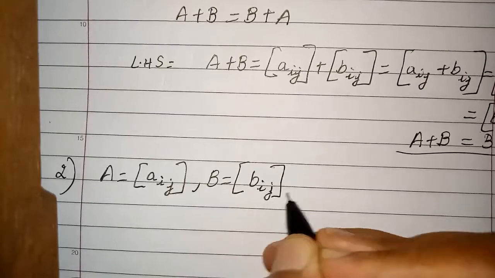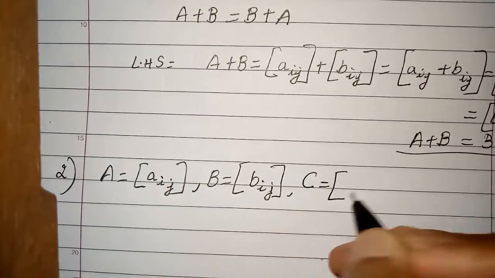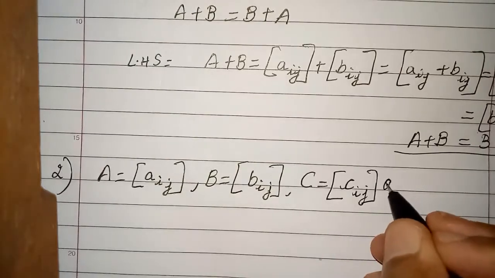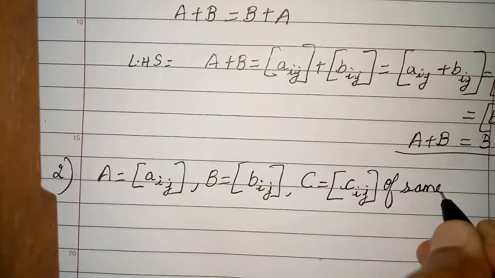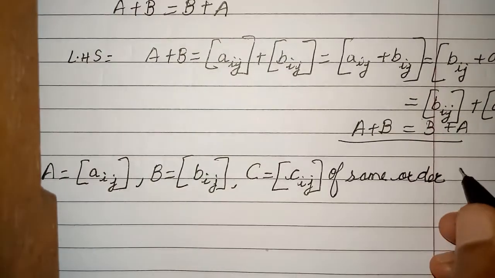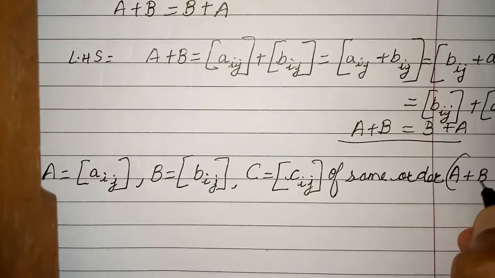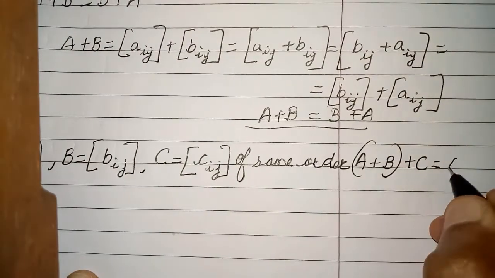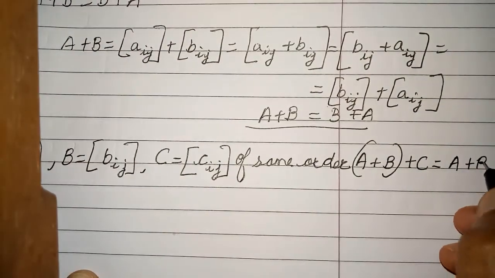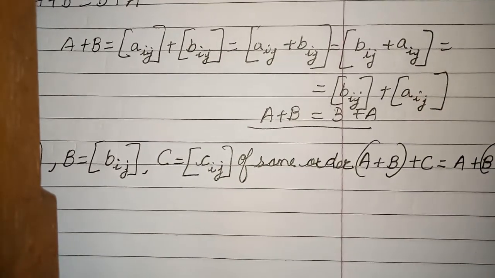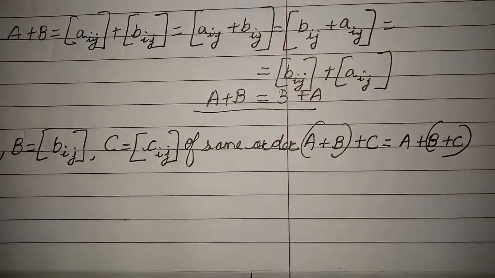You know, children, that elements of a matrix are represented in general form using small letters. They all are of the same order, because we have learned that matrices can be added only if they are of the same order. Then it says that (A plus B) plus C is the same as A plus (B plus C). This is how we used to do our associative law.